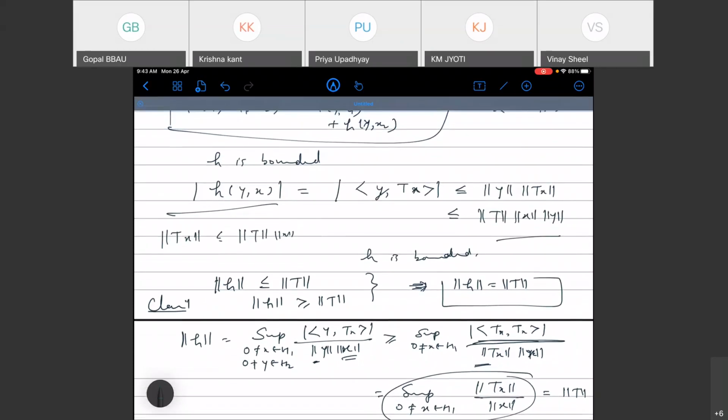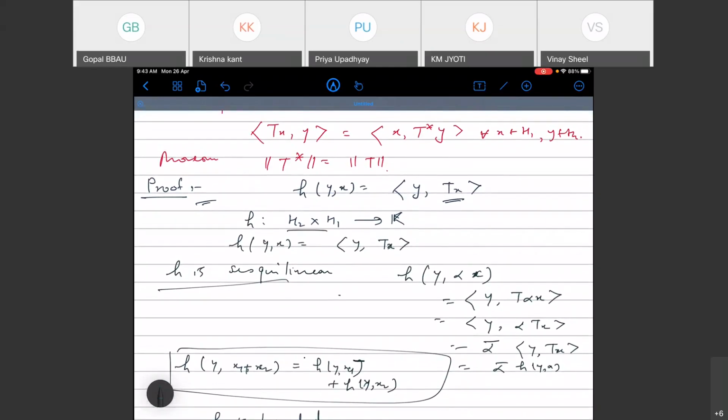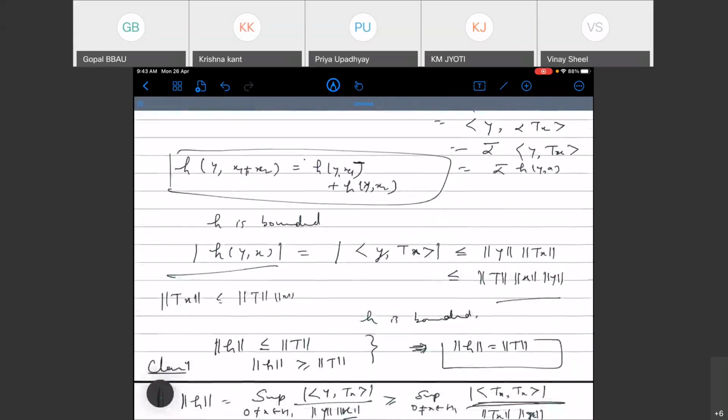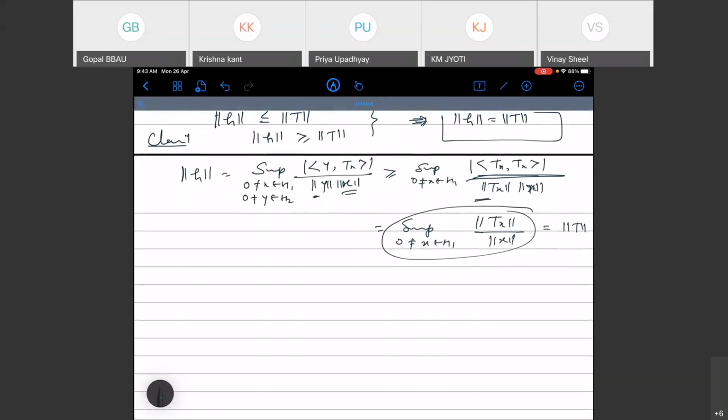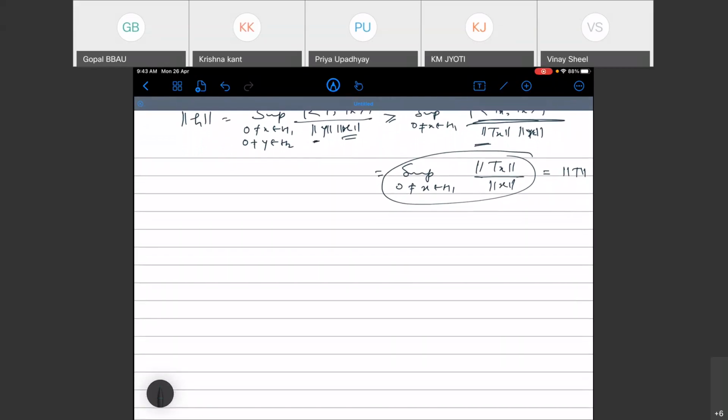Now we have a sesquilinear functional from H2 cross H1 to K which is bounded, and norm h equals norm T. We have all these things, so we can use that theorem.